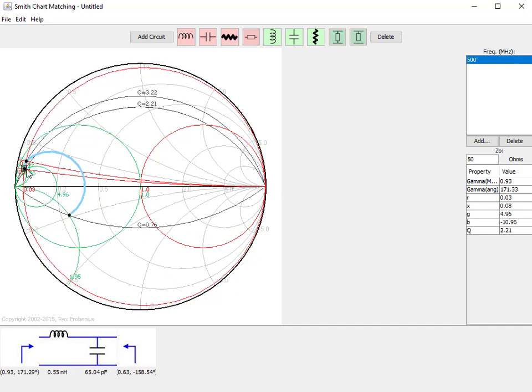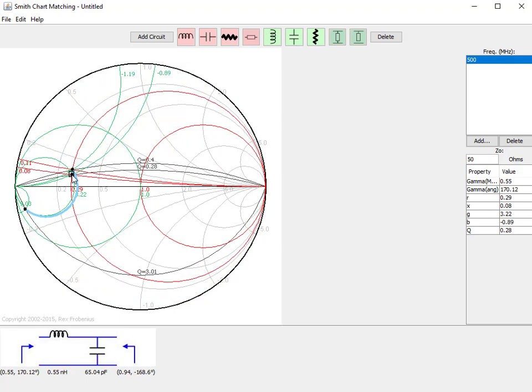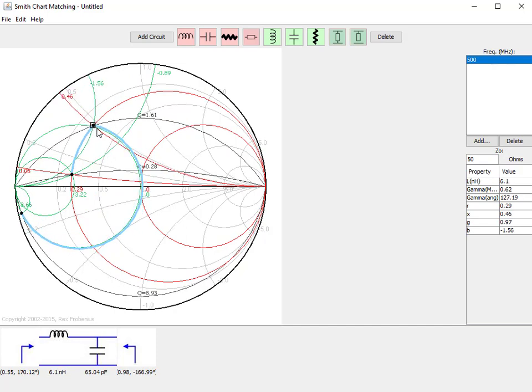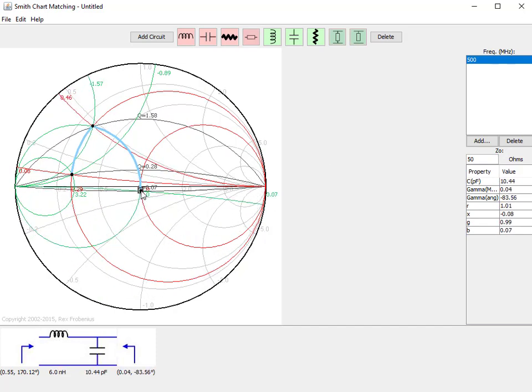Whereas if I'm building a match, if I have a termination that's closer to the center, I'm going to end up using values that are easier to work with and less prone to shifting. So here I have a different termination that's closer to the horizontal axis and further away from the edge of the chart.